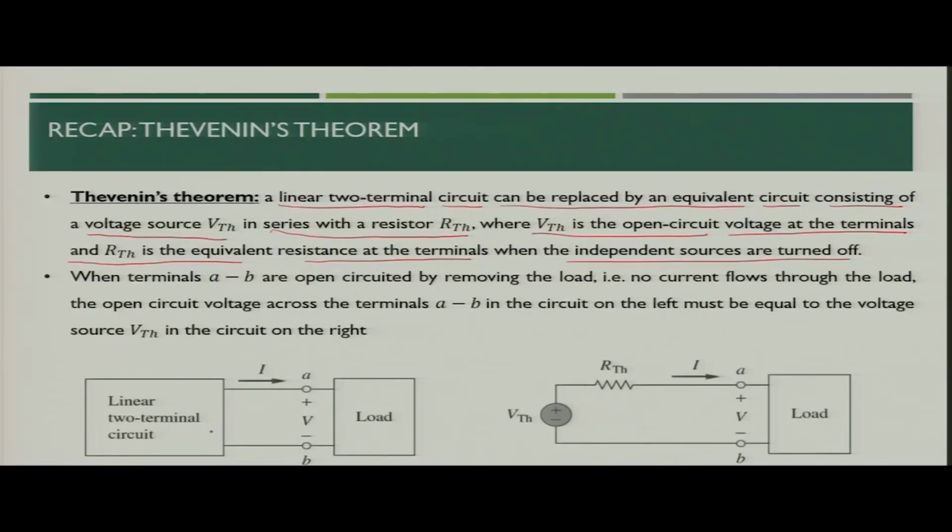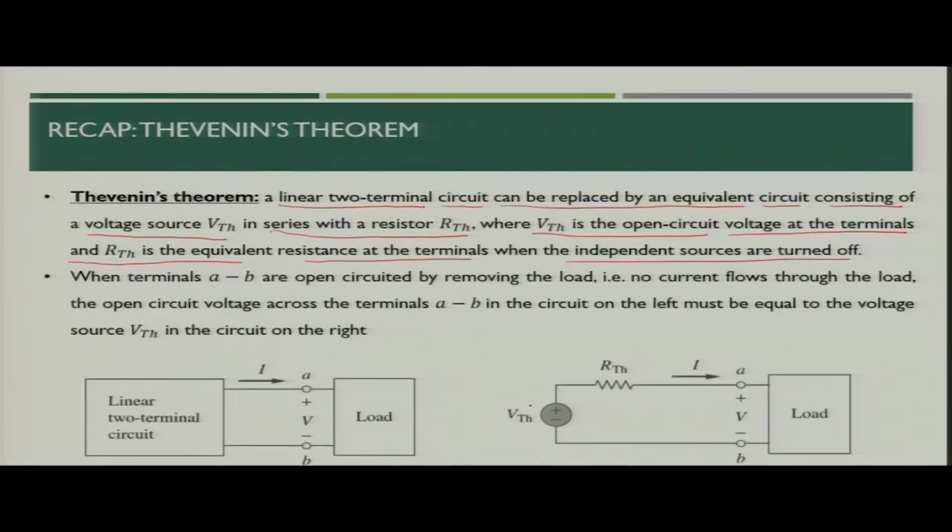If we have a fairly large circuit and we want to study the load connected across two terminals, then the circuit to the left of nodes A and B can be replaced with the voltage and resistance shown in the figure.